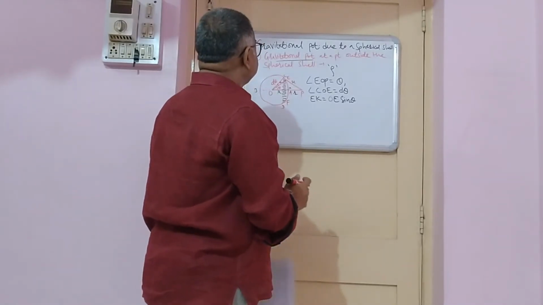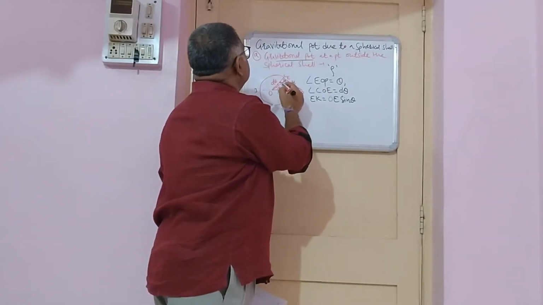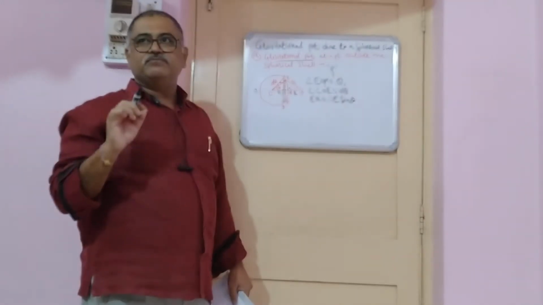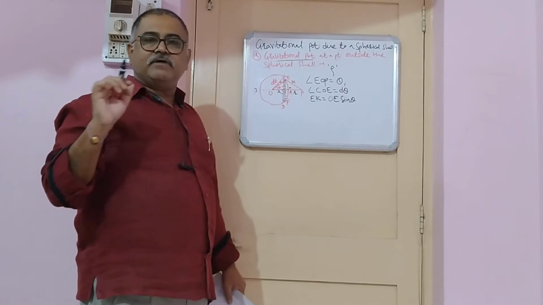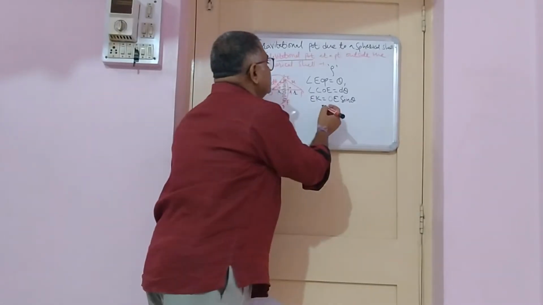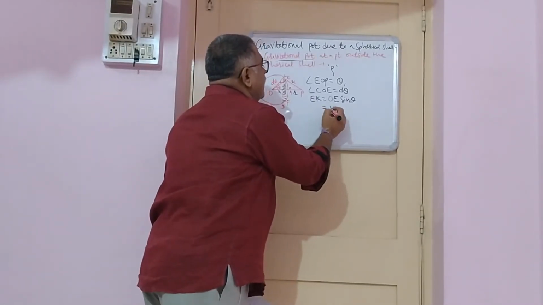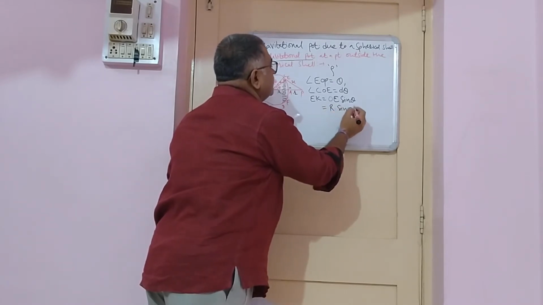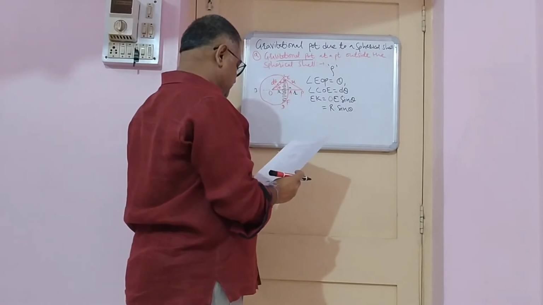And this OE is nothing but the radius of the sphere, denoted by capital R. Therefore we will put here R sin theta.